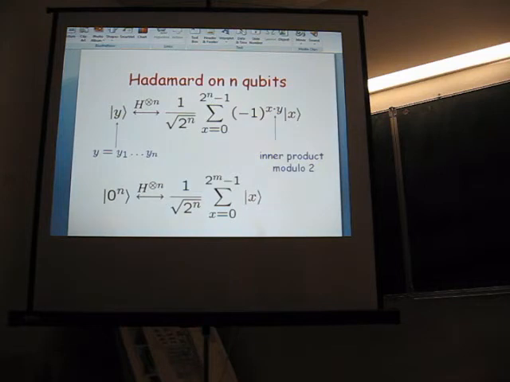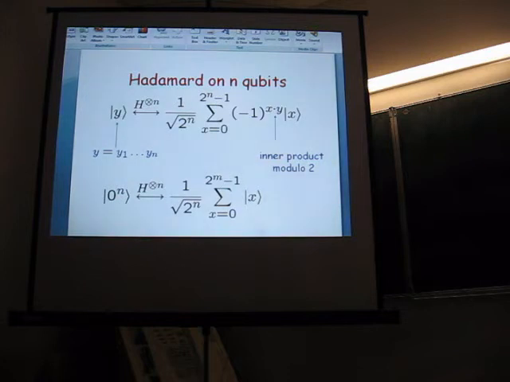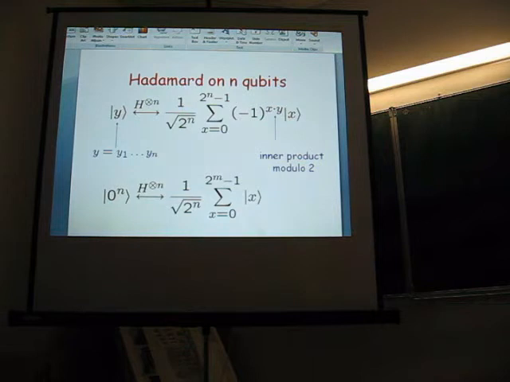All the 2 to the n bit string basis states occur. And note that this minus 1 to the x dot y will always be 1, because 0 dot something is 0. And note that if we had just one 0, this coincides with the superposition of just 0 and 1, that is, all the 1-bit states.